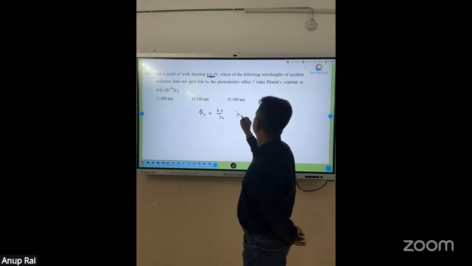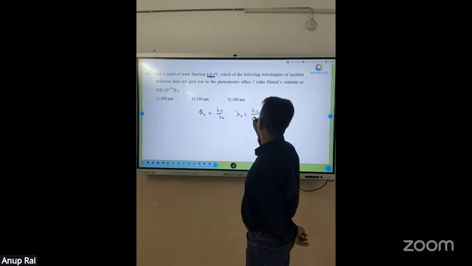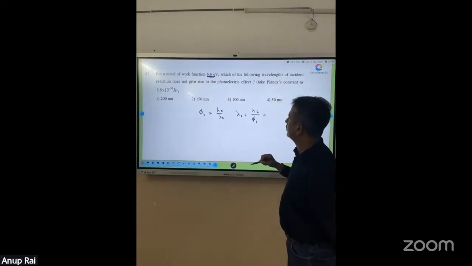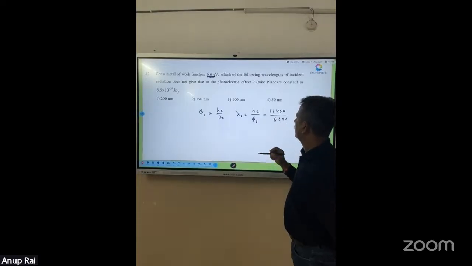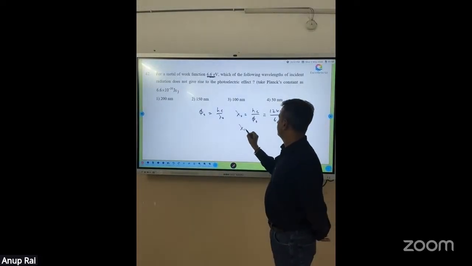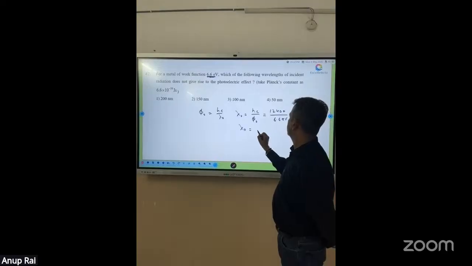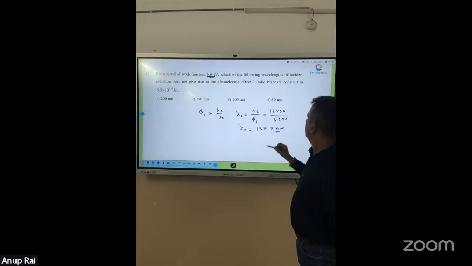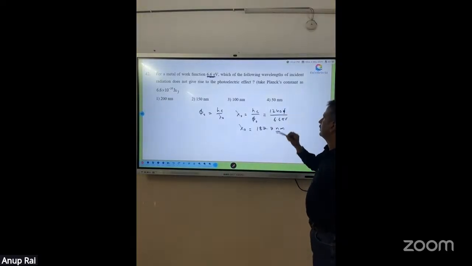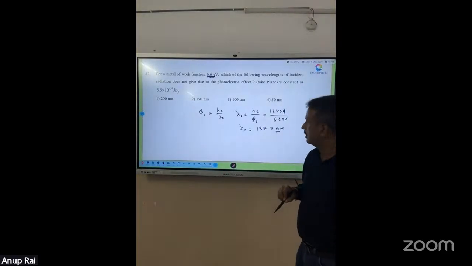So lambda naught is equal to, if you are going in electron volt, this will come in angstrom, 12,400 divided by 6.6. This lambda naught in nanometer comes around 187.7 nanometer after calculation.